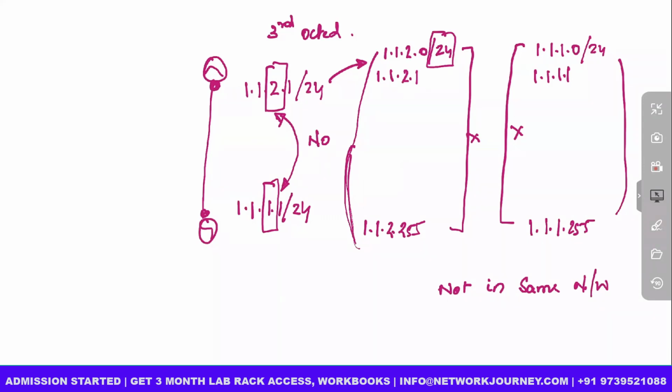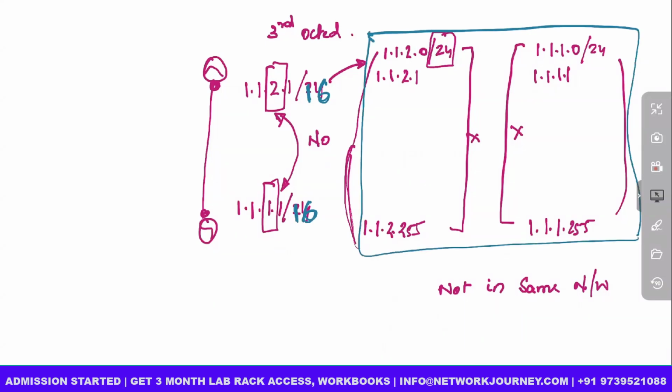But what if I widen up the range? Instead of 24, I go with 16. Now this all will fall in /16. Now they will work. So let's understand the different classes here, IP classes. Once you understand that, you will understand how we differentiate them.